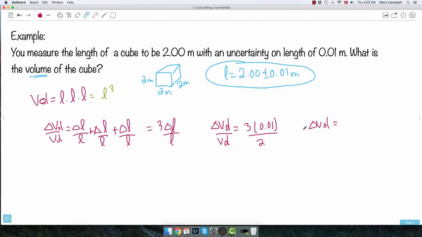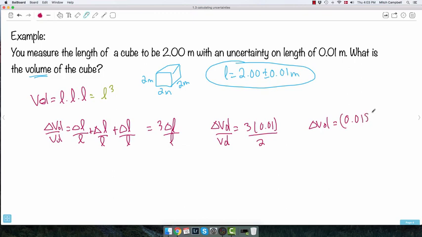We want the absolute uncertainty. So the uncertainty on the volume is going to be just this right here. So this is 3 times 0.01, all divided by 2. I just multiply this out, right? That's 0.015.